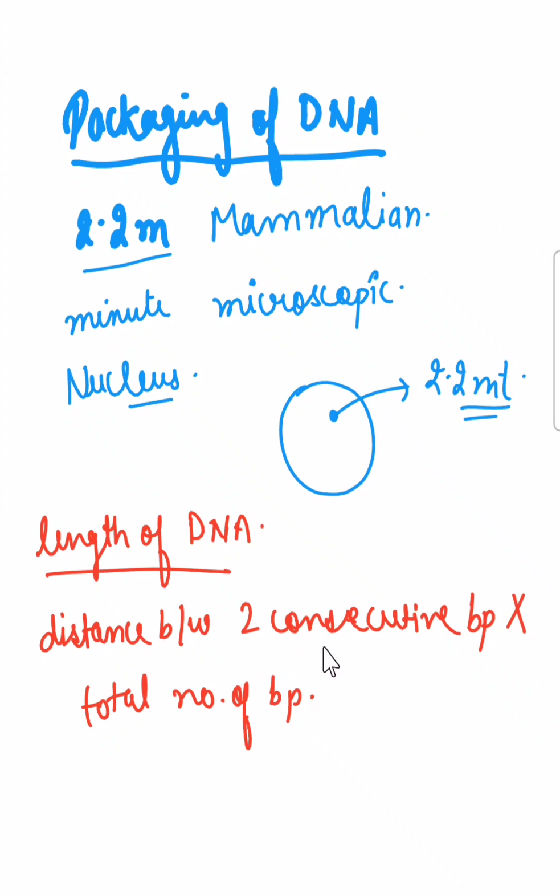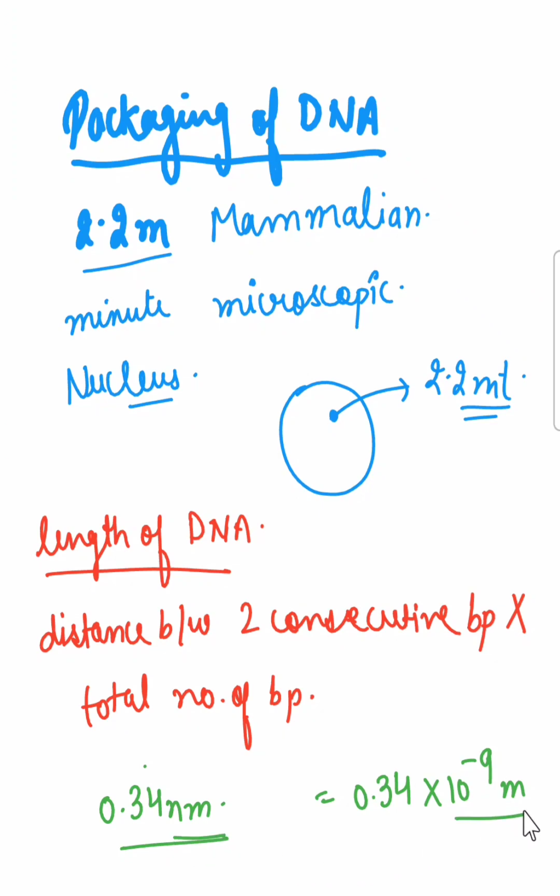In the case of humans, the distance between two consecutive base pairs is approximately 0.34 nanometer. But instead of nanometer, we are going to take the unit in meter. So we convert 0.34 nanometer by multiplying by 10 raised to power minus 9, then it becomes 0.34 into 10 raised to power minus 9 meter. 1 nanometer is equal to 10 raised to power minus 9 meter.